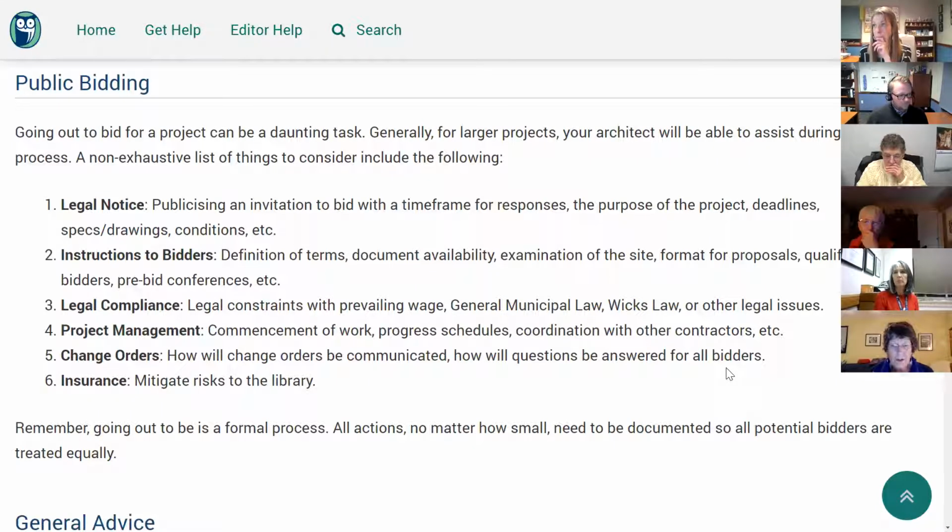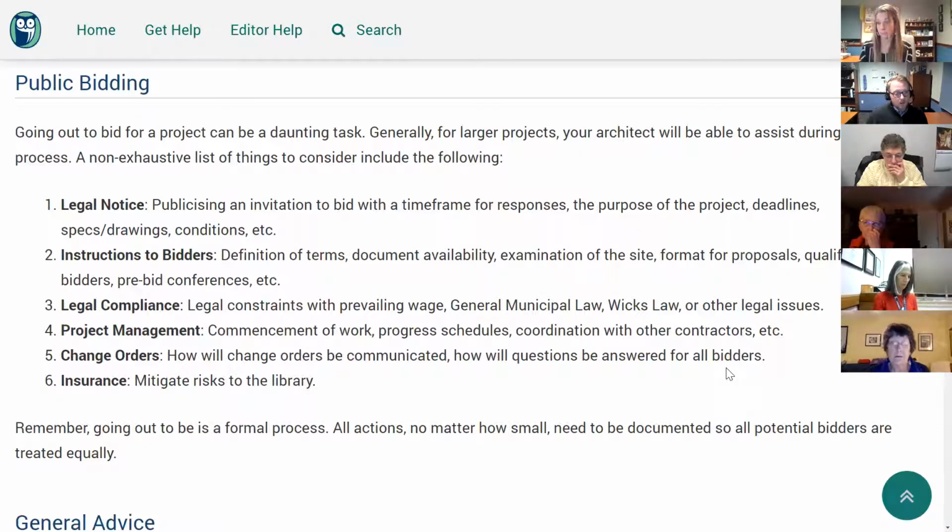Does construction require following minority-owned business requirements? Do you happen to know? So the construction aid program that Suzanne's going to talk about later doesn't have an MWBE requirement. And the library itself wouldn't have a requirement unless you have it included in your policy somewhere.